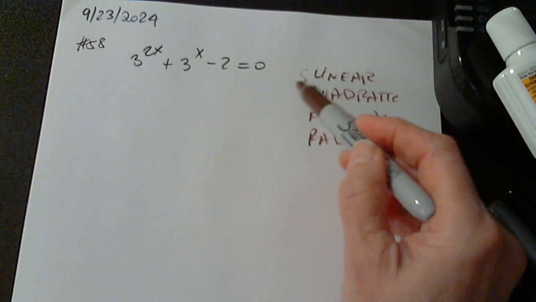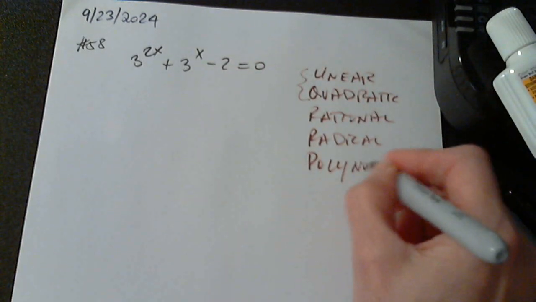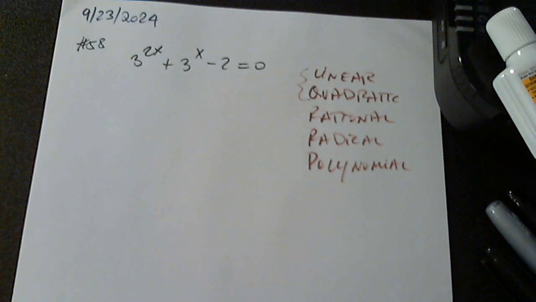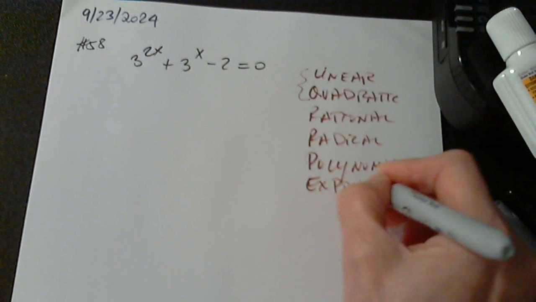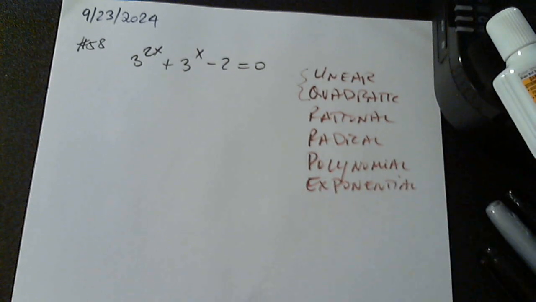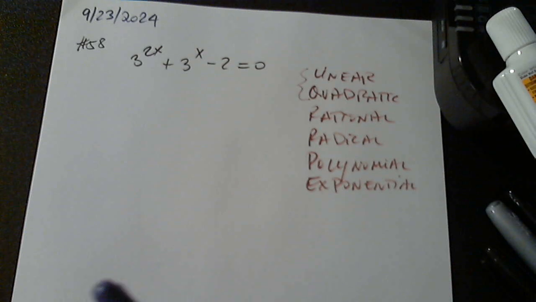We've seen polynomials of higher degree. We've seen exponential last time. What type of equation is this? We need to be able to identify it correctly in order to solve it correctly. Can anyone give us an idea?